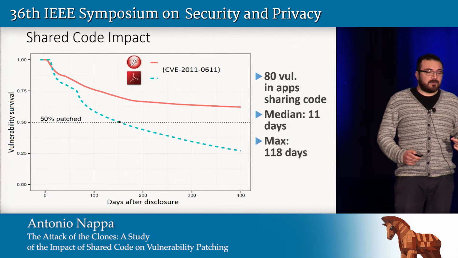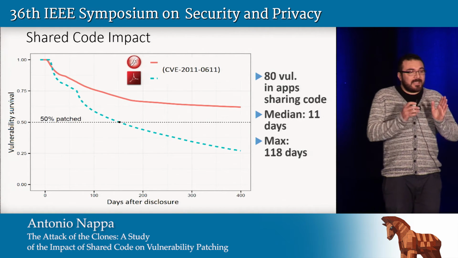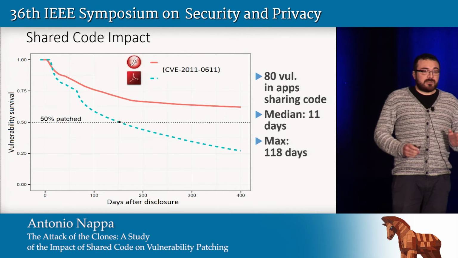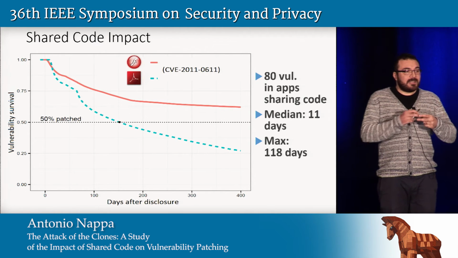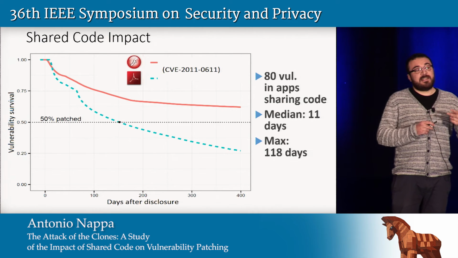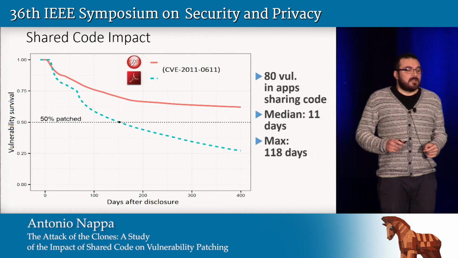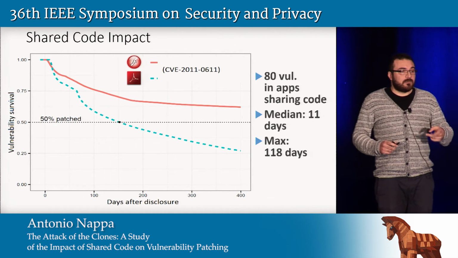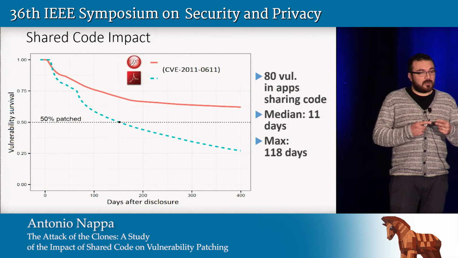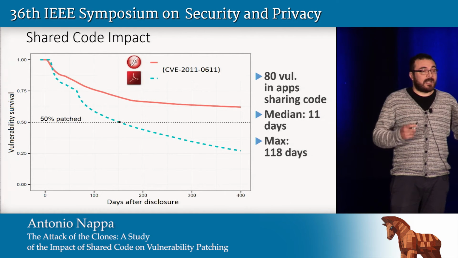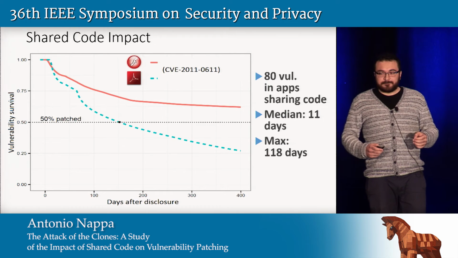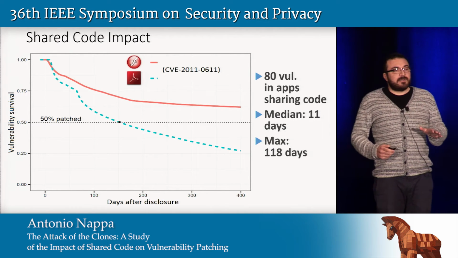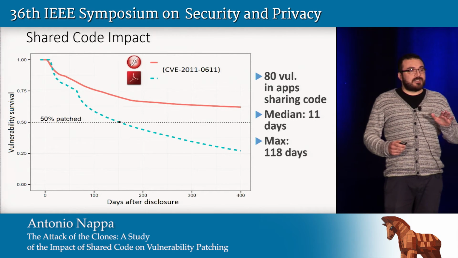So what we have found is that we have found 80 vulnerabilities in applications that are sharing code, and the median difference between the patching is 11 days. But we had the extreme case that is the maximum, that two applications with shared code had a difference of patching of 118 days.